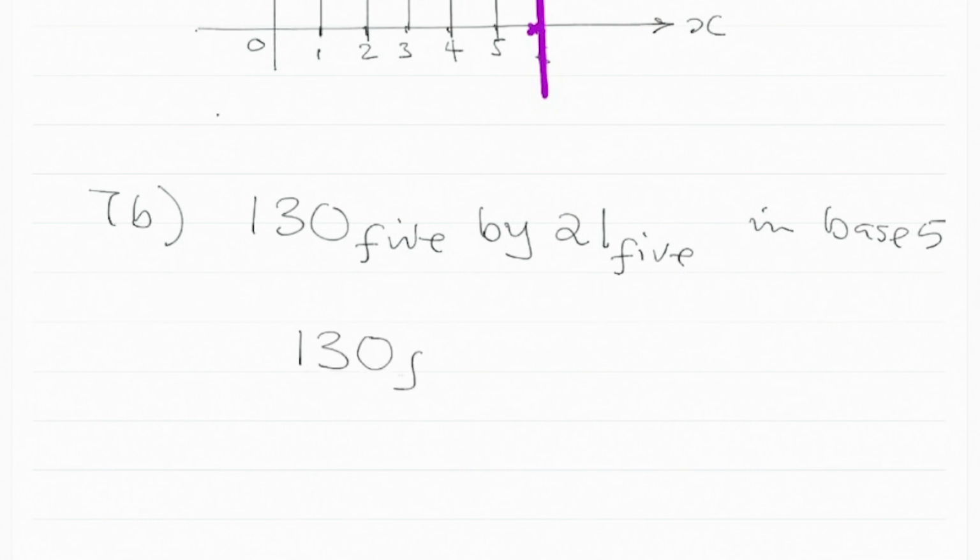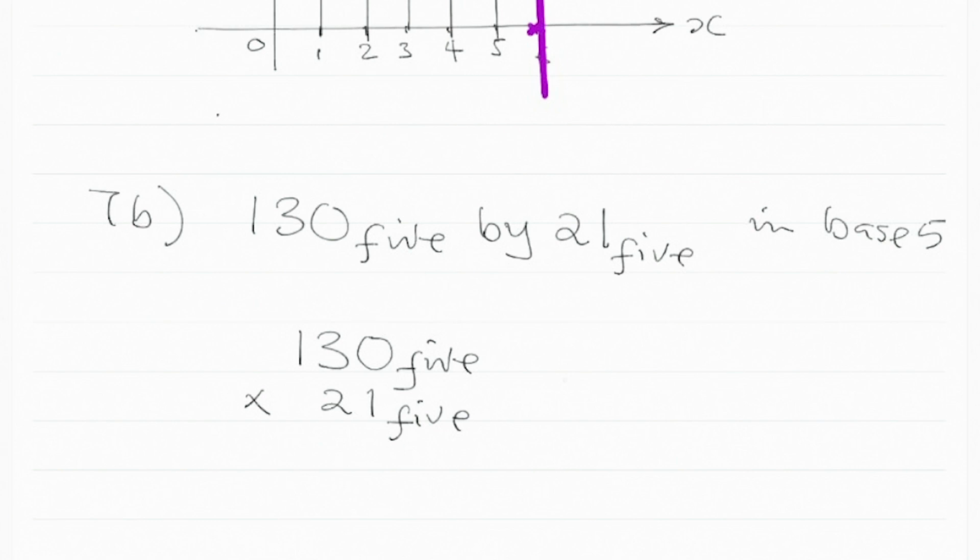The point number 2 that you need to note is that when you are multiplying two number bases, always put the number with the most place values on top, like this. 1, 3, 0, base 5 times 2, 1, base 5.